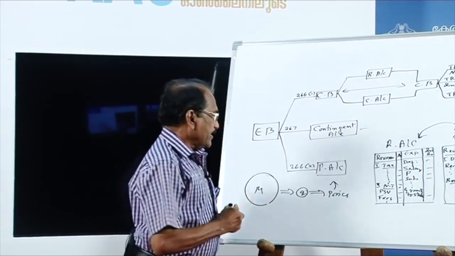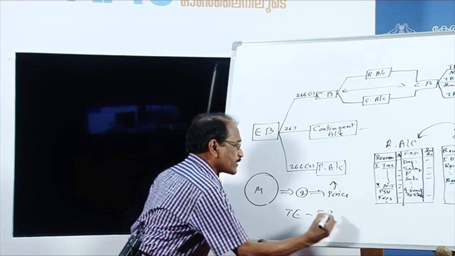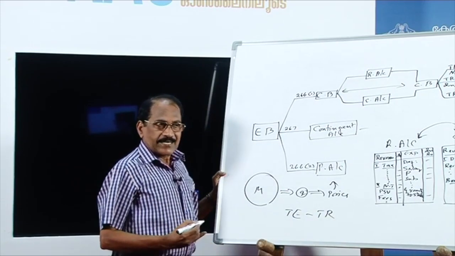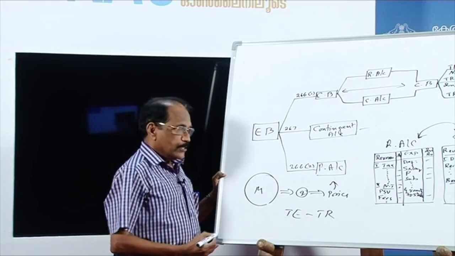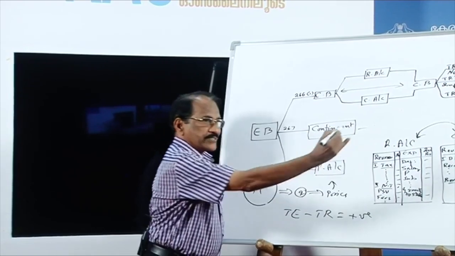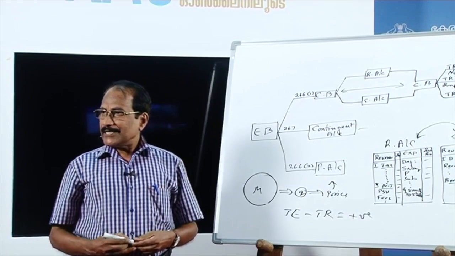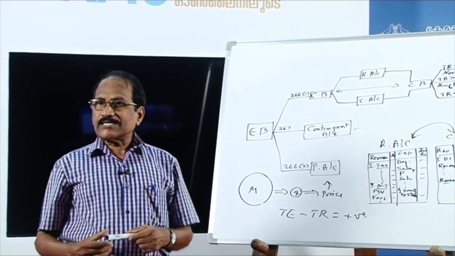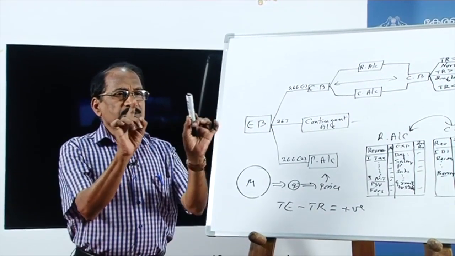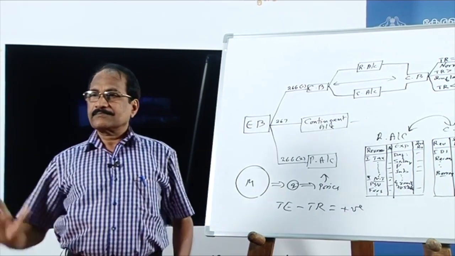That means if you take total expenditure minus total revenue, if there is a deficit budget, total expenditure minus total revenue will be a positive figure. That positive figure is what is called deficit in the budget.